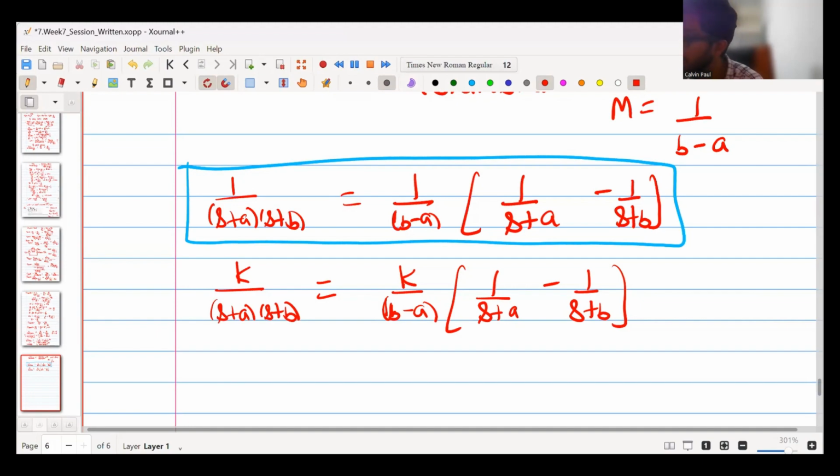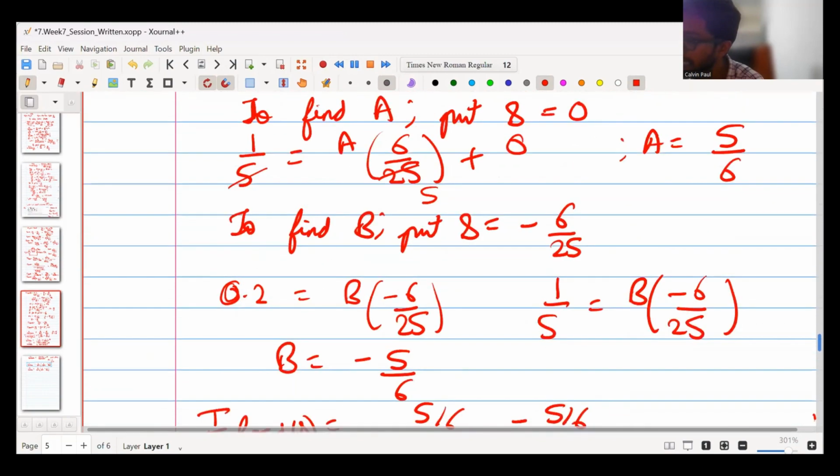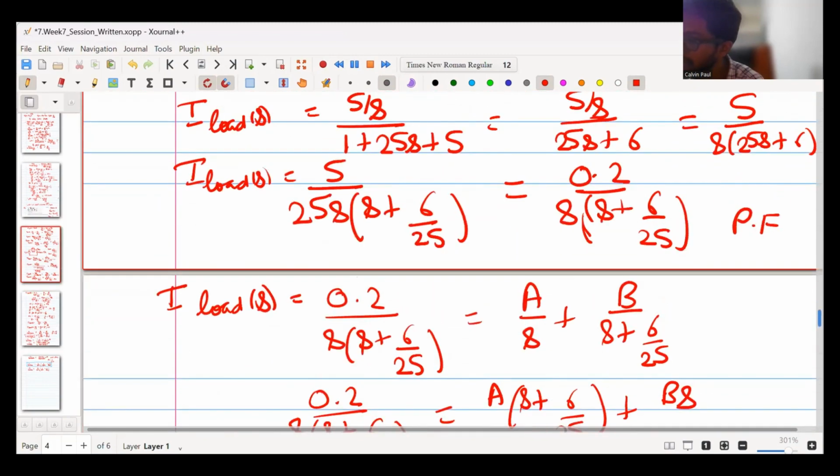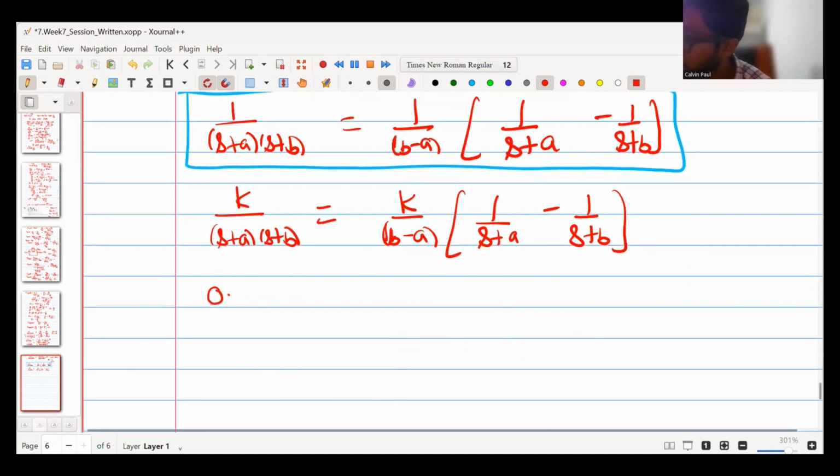Now let us consider our expression which we got. We have 0.2 upon s into s plus 6 upon 25.